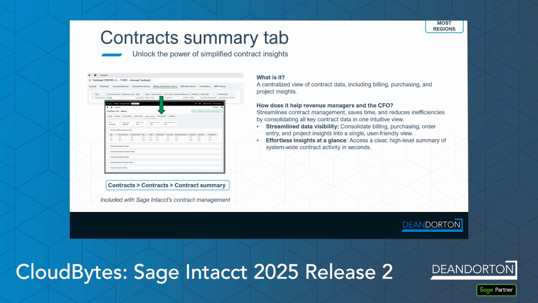It pulls it all into one place so that as you're looking at a contract inside the system, you are then able to really see everything about the contracts, even things from projects, like I said, or purchasing or other aspects of the system. Really pulls everything together very nicely.